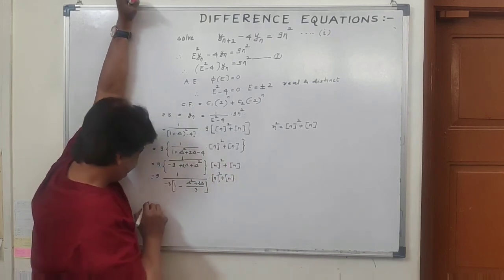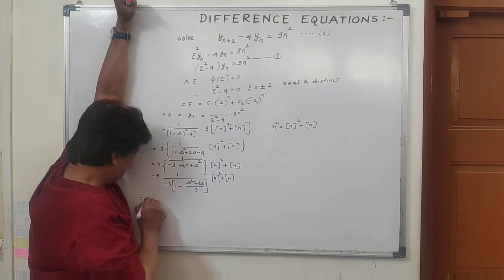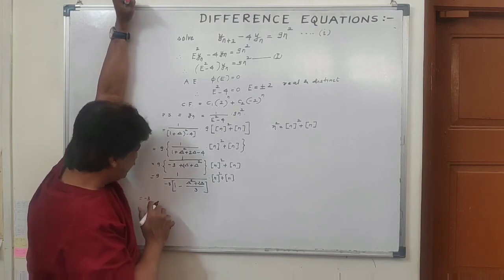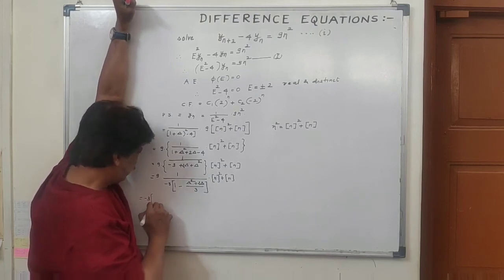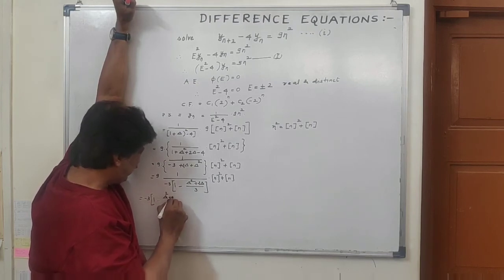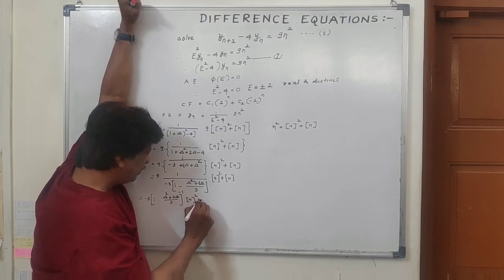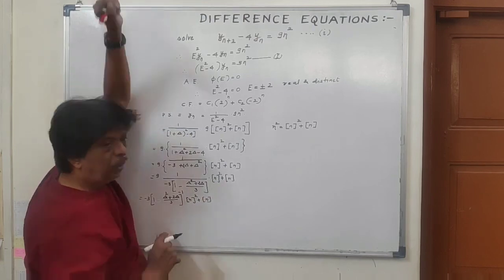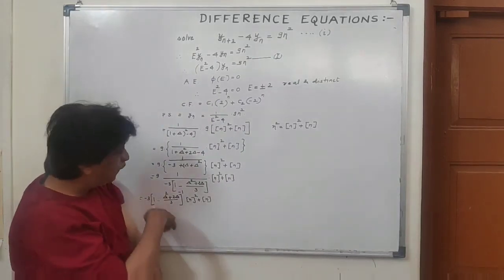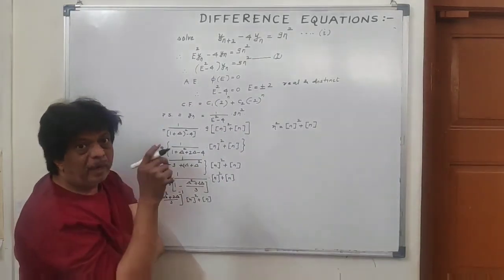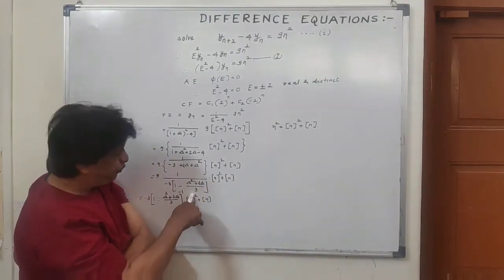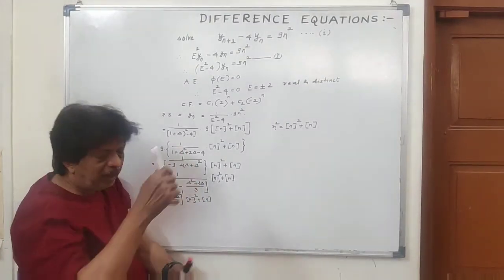That is further equal to 9 upon minus 3 is minus 3 into 1 minus delta square plus 2 delta by 3 raised to power minus 1 into factorial n square plus factorial n. Now I shall expand this up to the delta square term, because here it is capital N square.